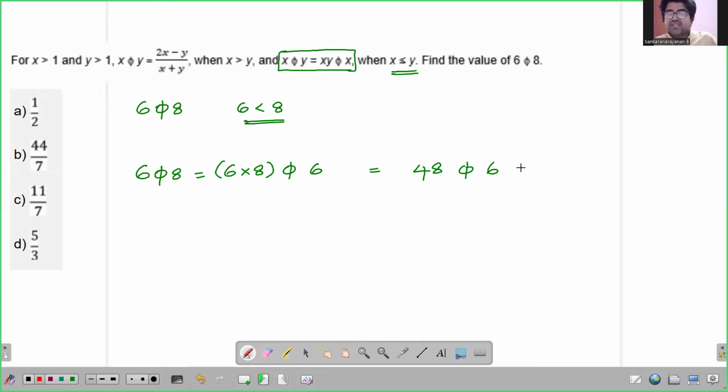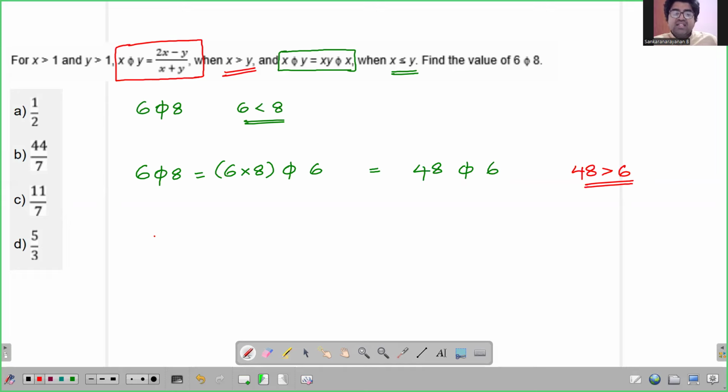Now, if you observe here, 48 is more than 6. It's greater than 6. So we have to now proceed with this portion of that question. Because when x is greater than y, we have to go ahead with x phi y is 2x minus y divided by x plus y.